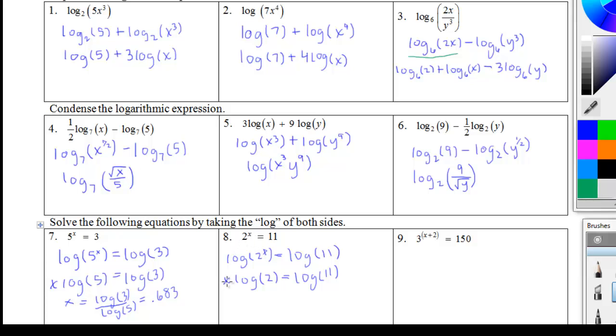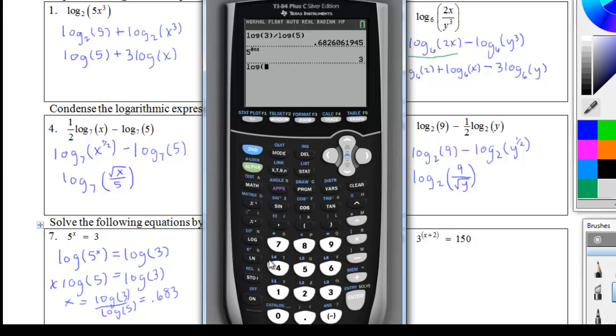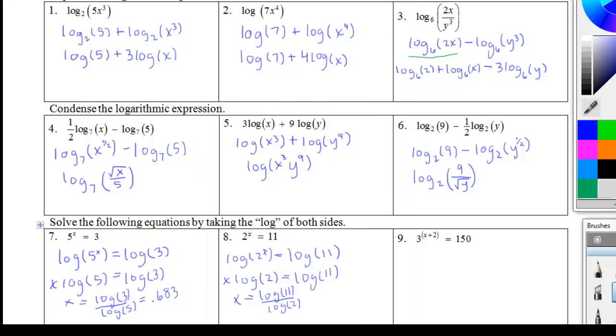So this x that was up here becomes x log 2, and then divide both sides by log 2, and you get this expression, and the decimal value of that is log 11 divided by log 2, and you get 3.459. Is that right? 3.459. Okay.